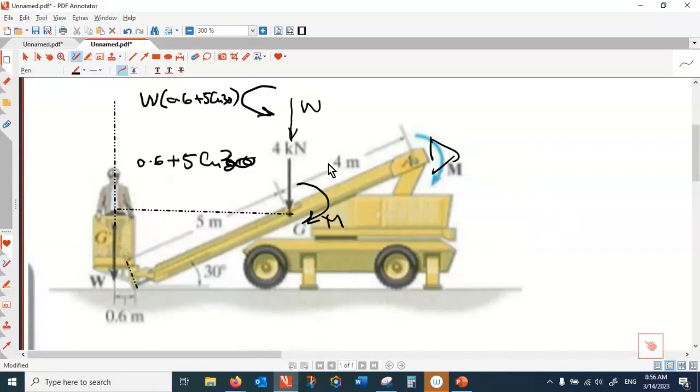The W of the beam doesn't make any rotation because that is passing through here. So M is minus M, and this one is positive, plus W times 0.65 cos 30, equal to 0. These two should cancel each other.